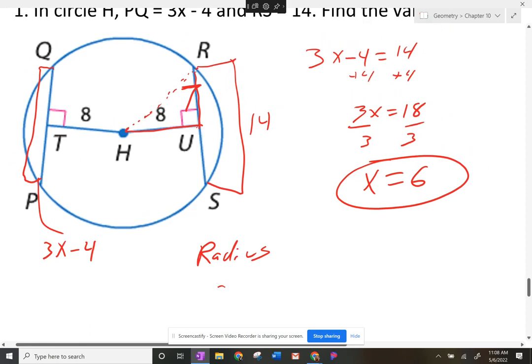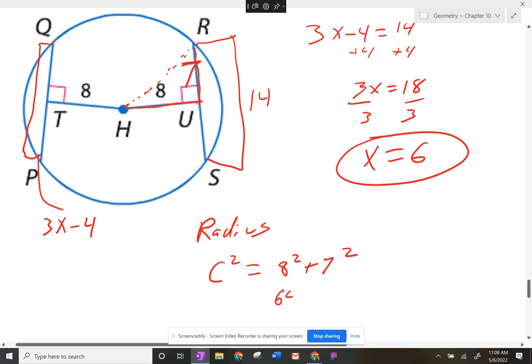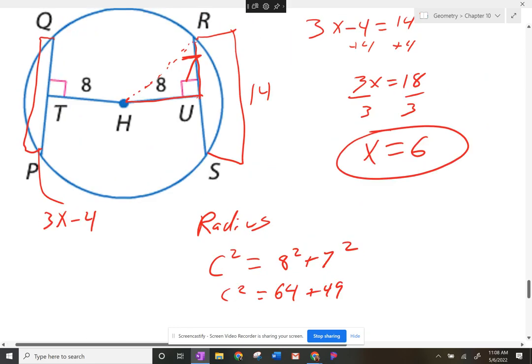So I could do that by saying c squared, because that's the one I don't know, equals 8 squared plus 7 squared. That gives me 64 plus 49 equals c squared. So c squared equals 103. I'll square root both sides.